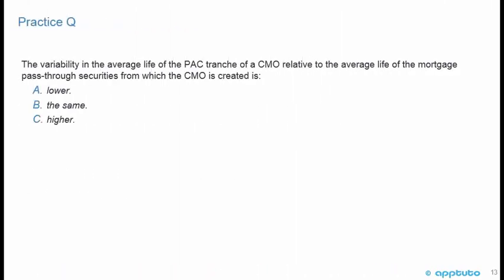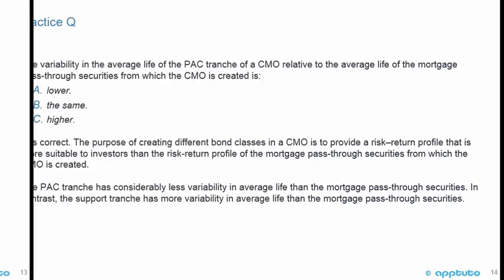So we'll just finish this LOS with two quick practice questions. The first one: the variability in the average life of the PAC tranche of a CMO relative to the average life of the mortgage pass-through securities from which the CMO is created is A, lower, B, the same, or C, higher. A is correct.